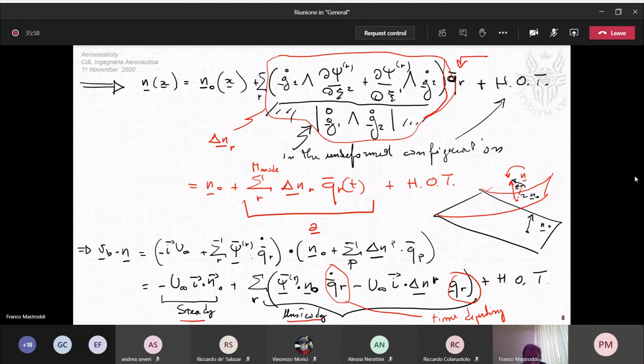Okay, so from now on, we will consider this term as equal to 0, but these terms are not equal to 0, but can be avoided in this case if we are interested to compute linear analysis only.